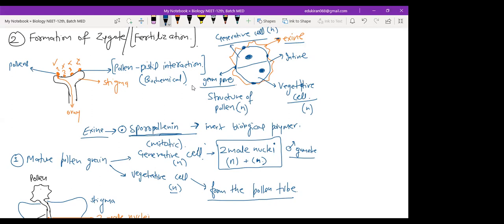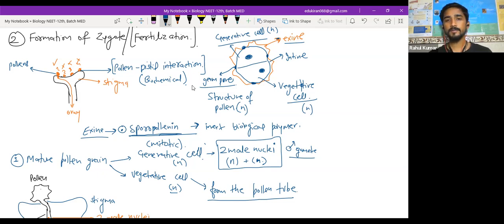Sir, how do you define pollen pistil interaction? Yes, write down. The pollen pistil interaction is the first process which includes biochemical interaction between the pollen wall and the stigma surface.